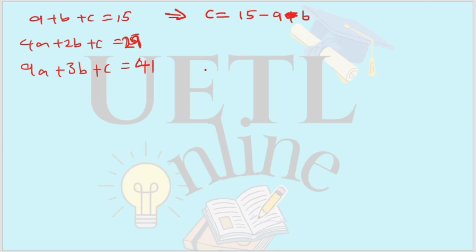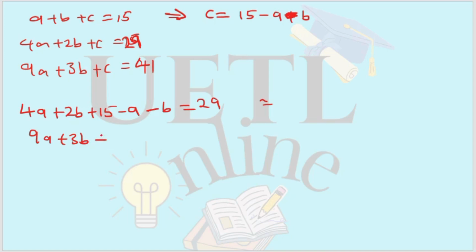This means that 4A plus 2B plus 15 minus A minus B is equal to 29. We'll simplify this later. Then here we can see that 9A plus 3B plus 15 minus A minus B is equal to 41.